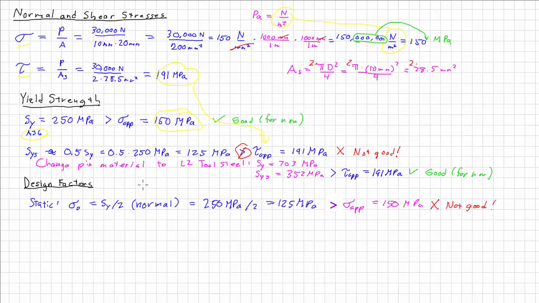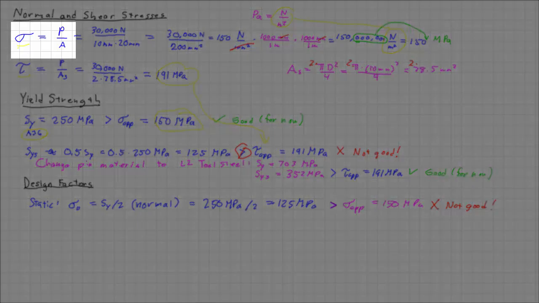So what do we do with that? Well, you might say, why don't we just wait on that? We already know what our area is, and we already know what our loading is. Why didn't we just calculate that right off the bat, figure out our design factors, and then choose our material? Well, turns out that that's what we should have done in the first place. You're right.